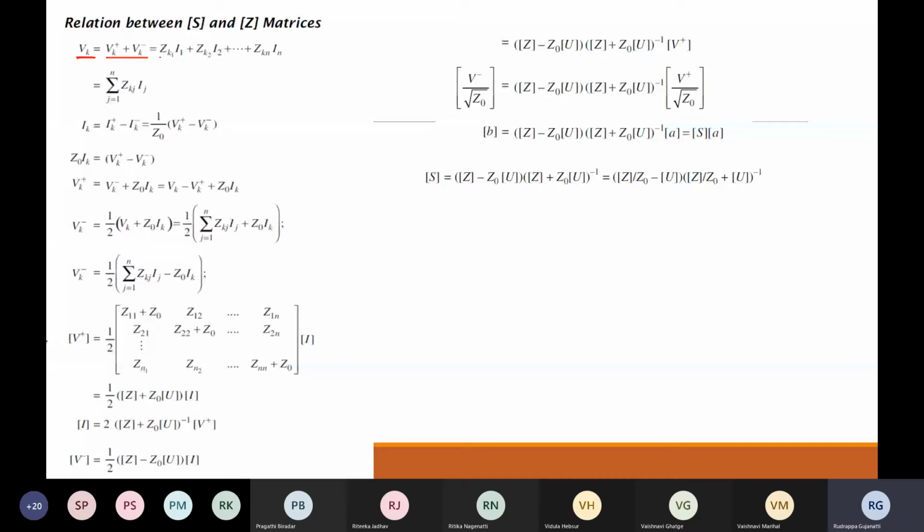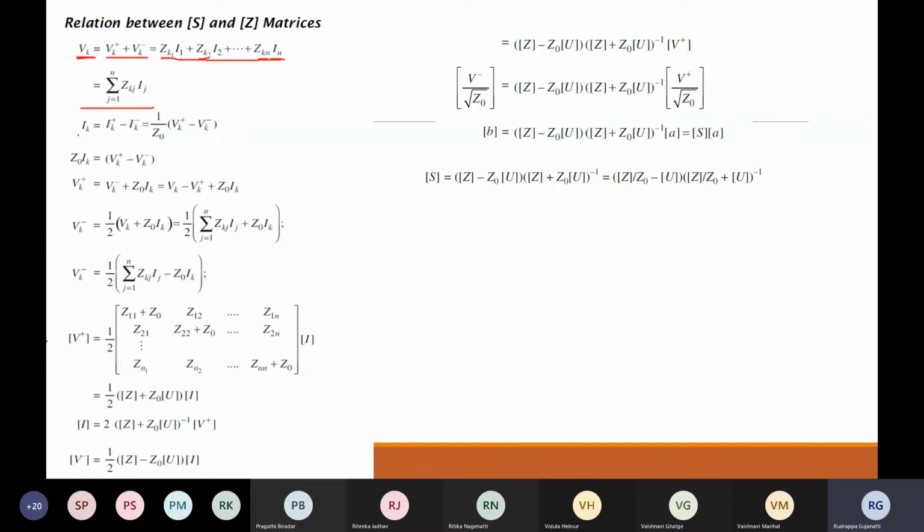In terms of the currents and the impedances at the respective ports, this is given by Vk equal to Zk1 I1 plus Zk2 I2, and so on up to Zkn In, where n is the number of ports present.